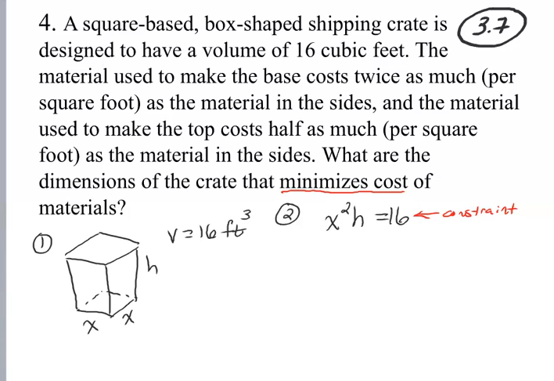Well, you might think about it this way: if I take the cost per square foot times the number of square feet of material used to make the box, then I will get the total cost.